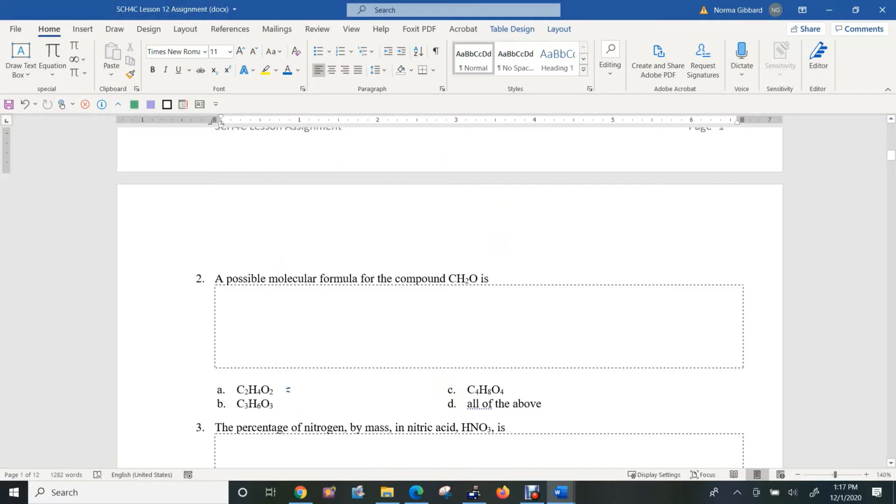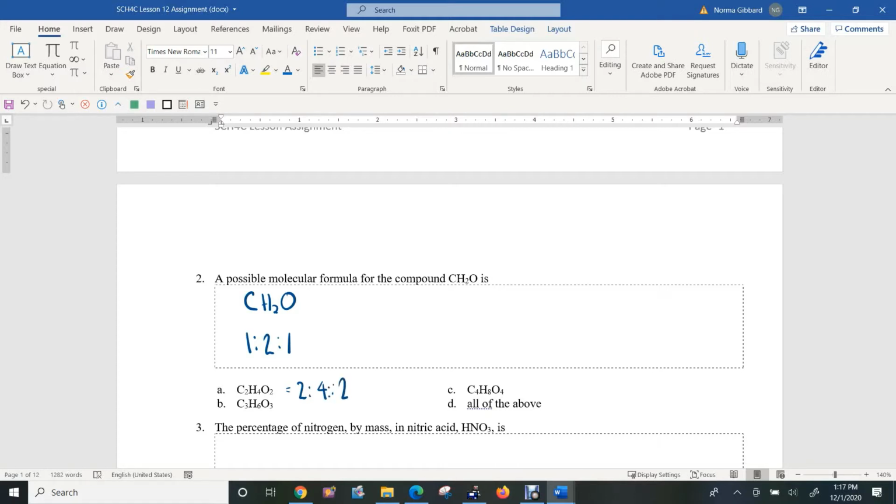Number 2. A possible molecular formula for the compound CH2O is. Now, we have CH2O. This is a 1 to 2 to 1 ratio. Let's look at our results. So C2 to H4 to O2.